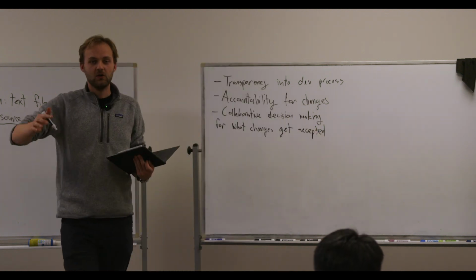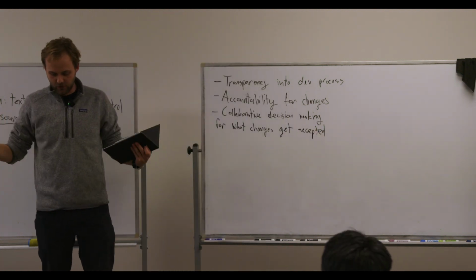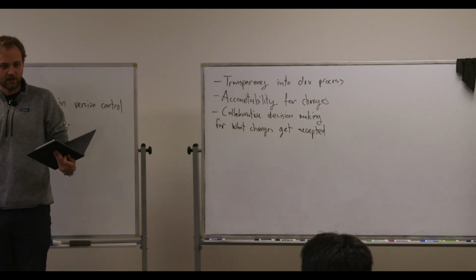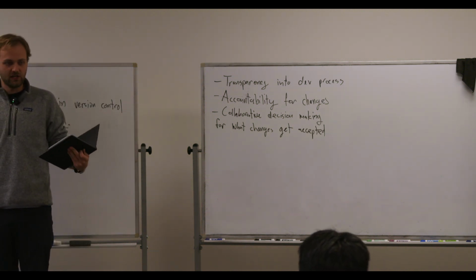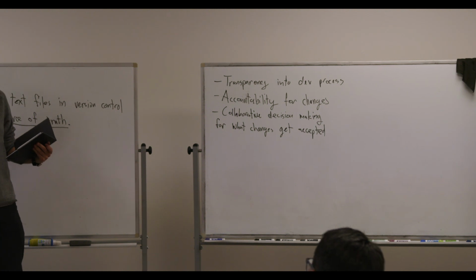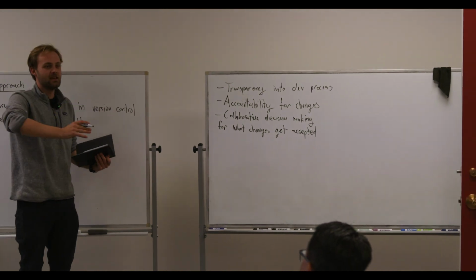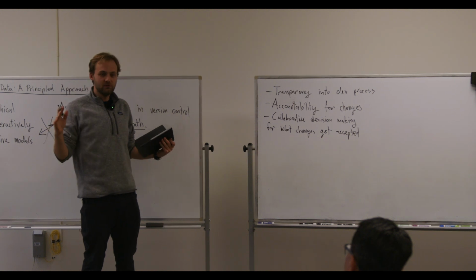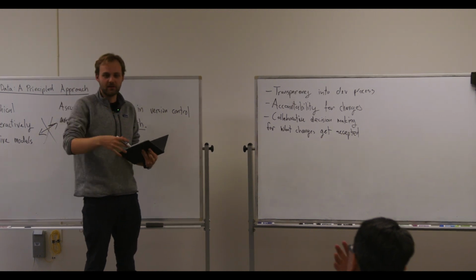If you think about what is the workflow of version control? Well, you have one collaborator, he or she writes some changes. They submit the changes, and then everyone on the team, if they so choose, has an opportunity to look at the changes before they're accepted.